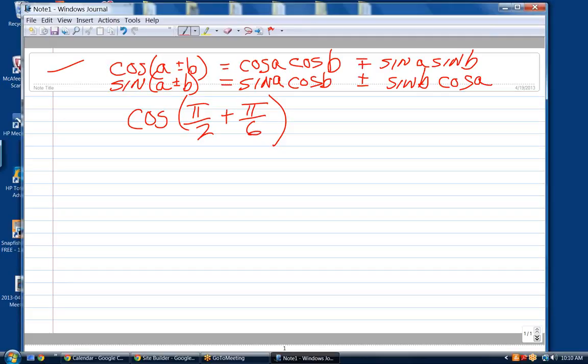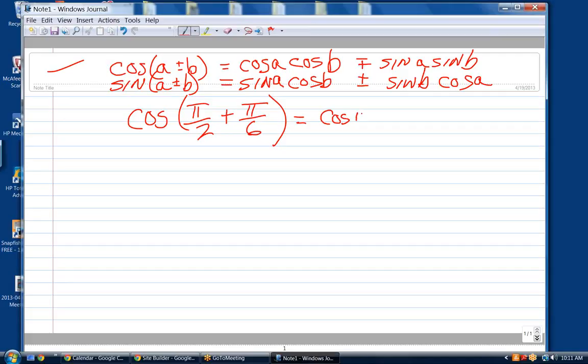So how do I apply it for the cosine of pi over 2 plus pi over 6? Well, you need to find the sine and cosine of both of those. Okay, so first of all, let's write it out. So it's the cosine of what?